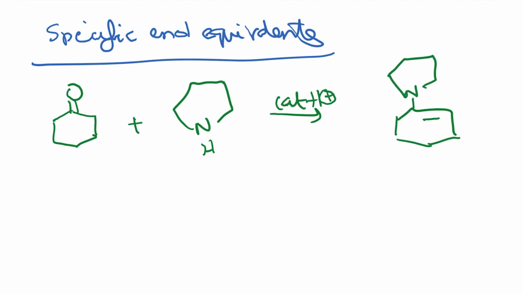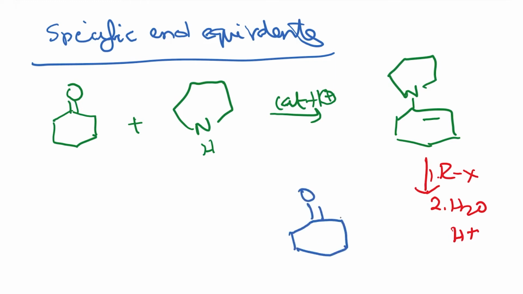But what you can do at this stage is react this with RX, number 1, and number 2, you do H2O, H plus, and get the corresponding alkylated product.